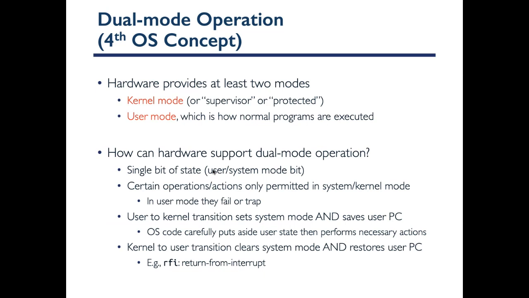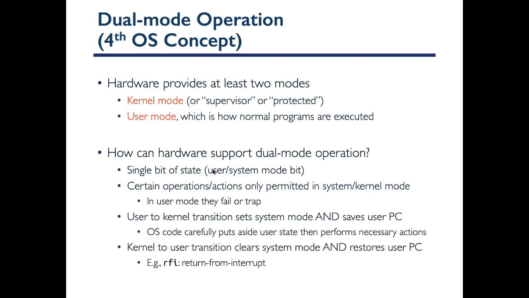What that translates to is that certain operations and actions are only permitted when that bit is set to 1, or whatever convention you use. If you're in kernel mode, you can run those certain operations, and if you're in user mode, you cannot.